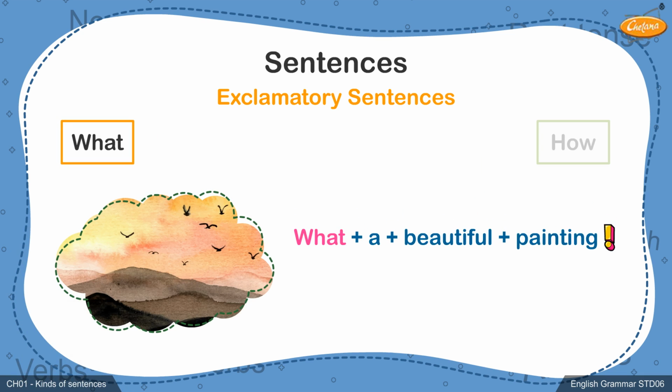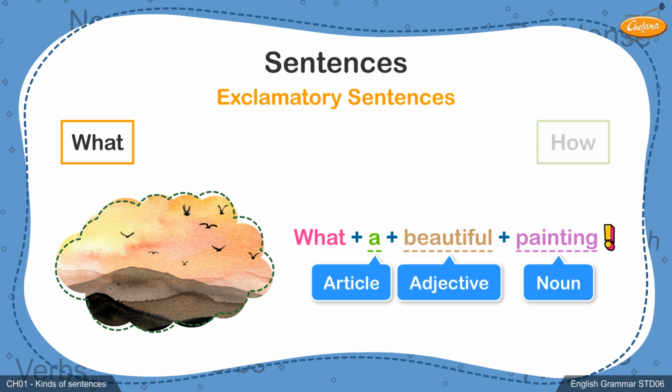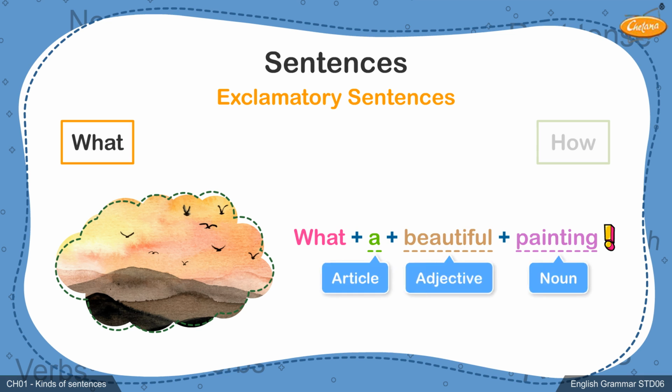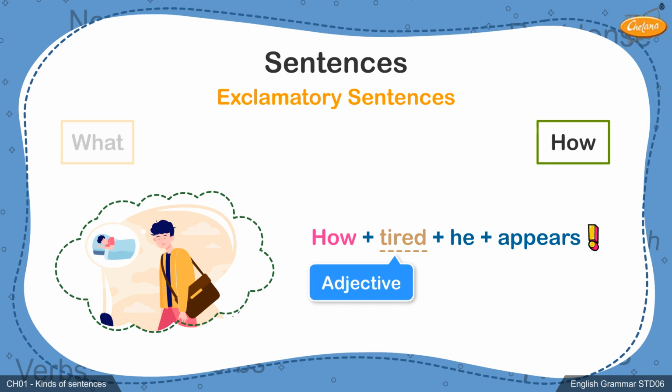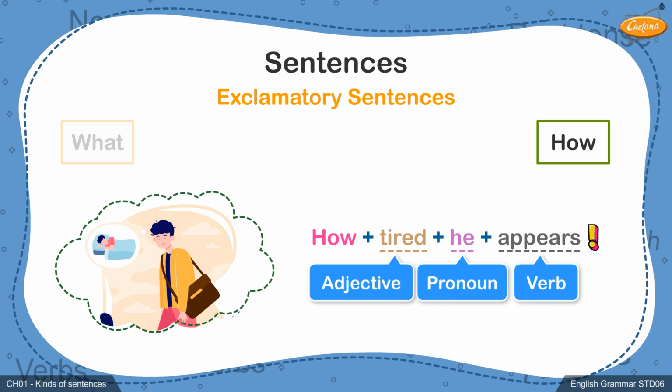Sentences starting with what are usually followed by a or an, adjective, and a noun or pronoun. On the other hand, sentences that start with how are followed by adjective or adverb, and a noun or pronoun, and a verb.